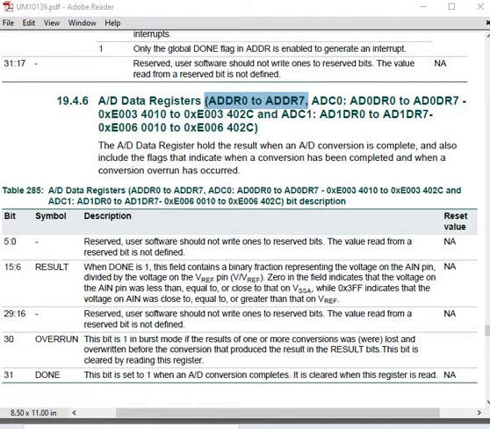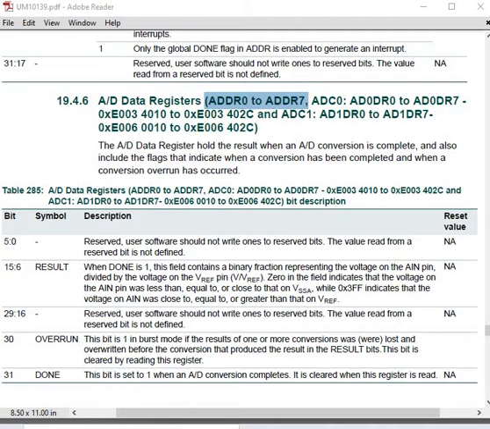Next, the last one is the result. If done equals 1, these 10 bits will contain a binary number representing the result of our analog to digital conversion. It works by measuring the voltage on the analog input pin divided by the voltage on the VREF pin.